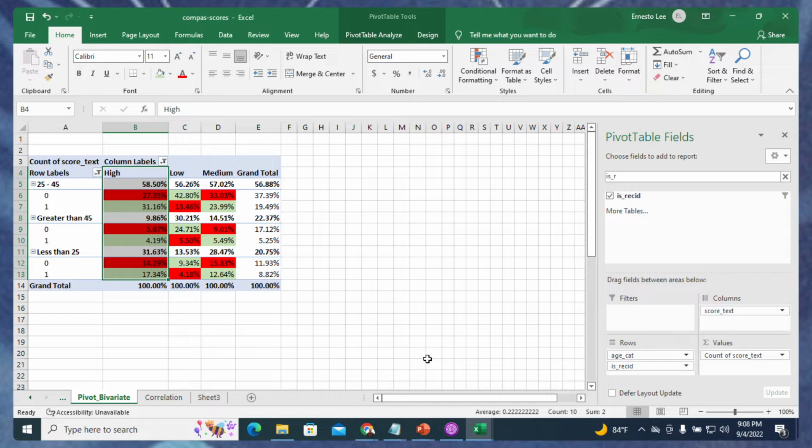Out of all the times that the algorithm was wrong, all of the predictions, 27% of them were in that age group 25 to 45. That's an insight.